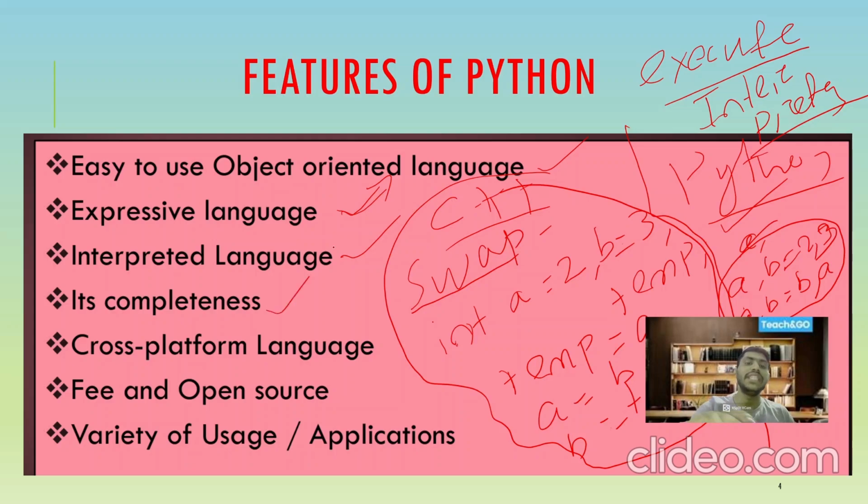Next is completeness. What is completeness? That means you get everything when you download Python. There is no need for any extra tools or extra libraries. When you install Python, you get everything, every library file, all the things.